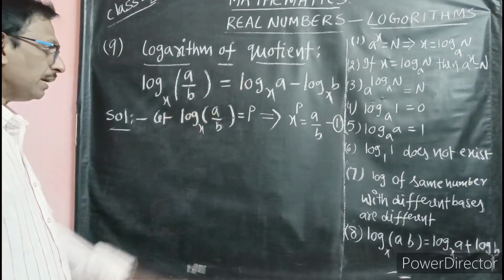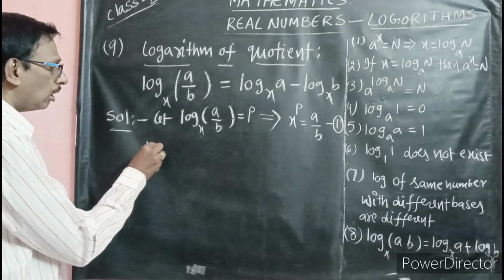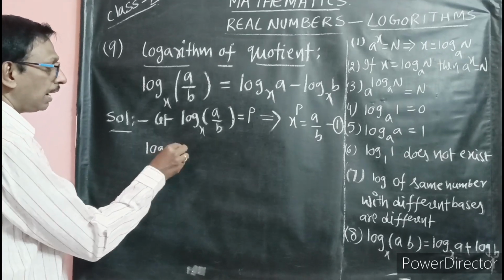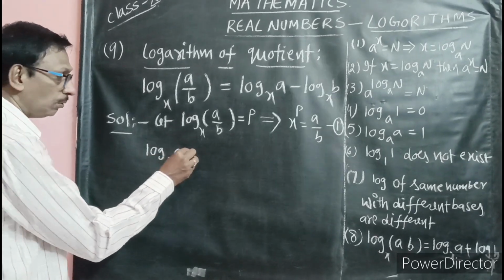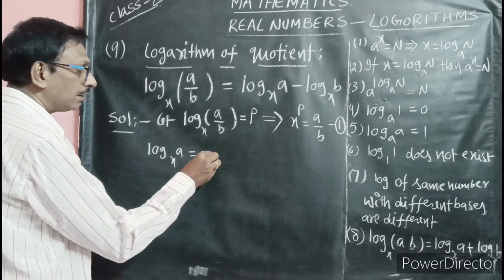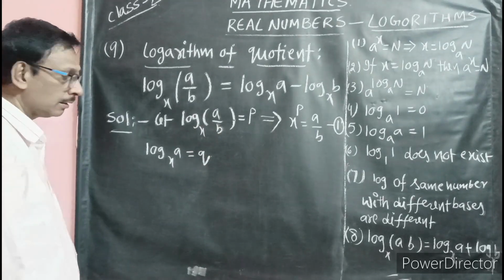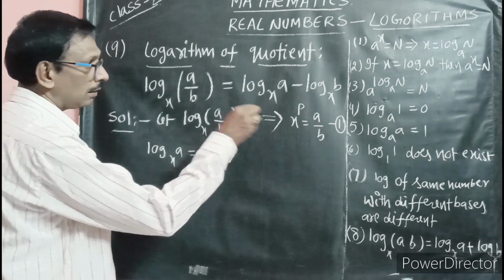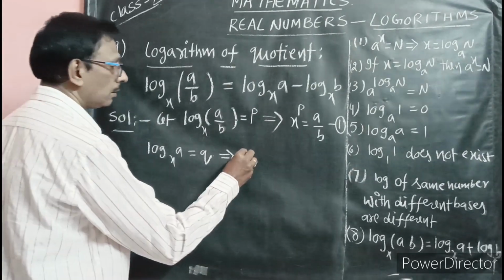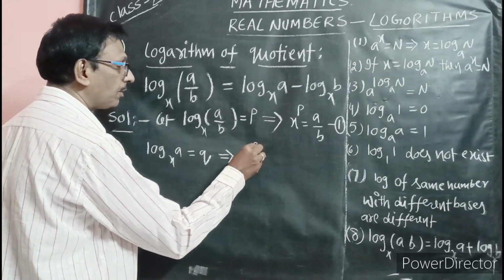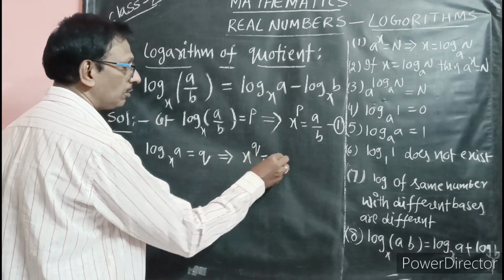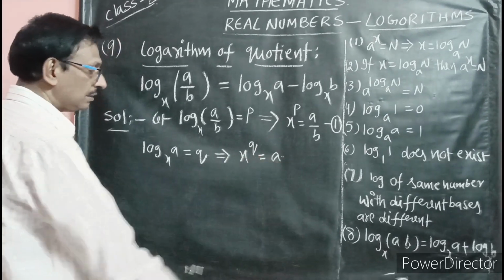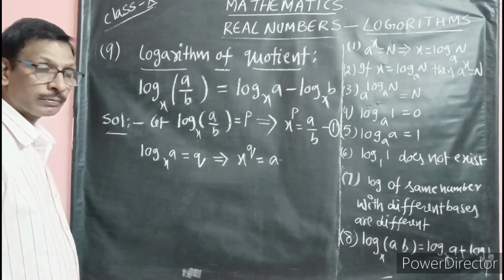In the same manner, log A to the base x is equal to another letter, Q. Now writing it as x to the power of Q is equal to A. This is the exponential form.